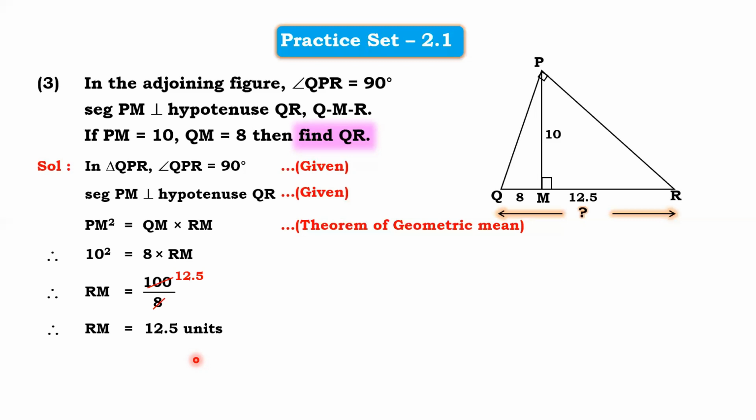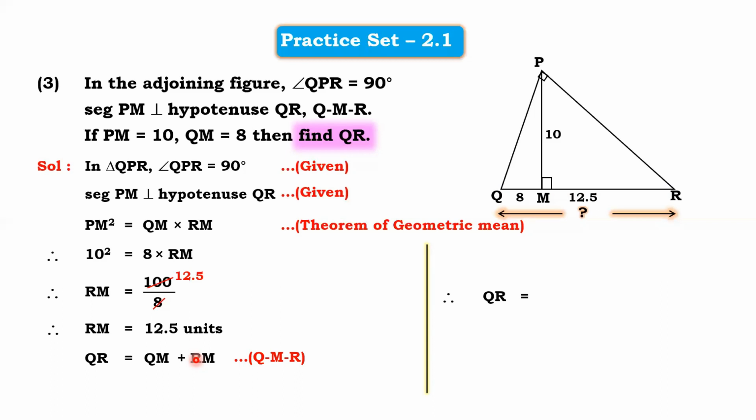But students, we have to find out QR. Now, if you see, QR is made up of two parts, QM and MR. So Q-M-R exist here. So we can say QR is equal to QM plus MR. Reason, Q-M-R. Therefore, we know the value of QR? We don't. Do we know the value of QM?